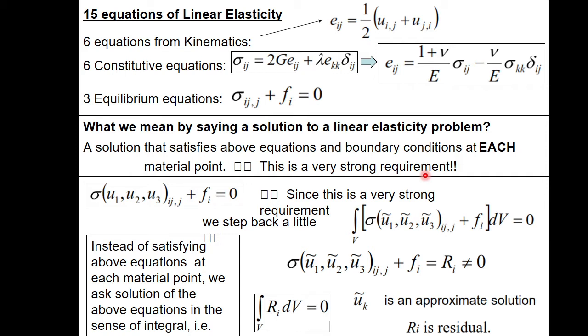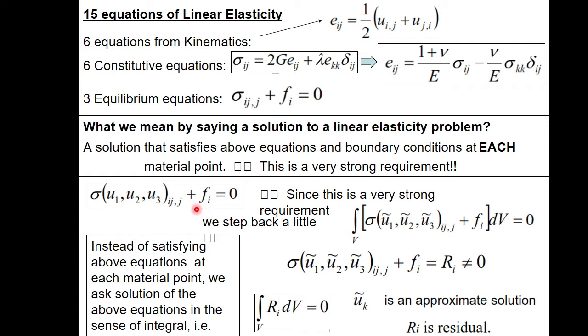So now what we can do, instead of satisfying the equation for each point, let us do one thing. Let us find out what is the outcome of this equation when we are using an approximate displacement field.